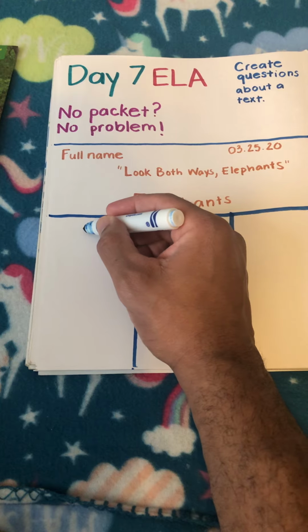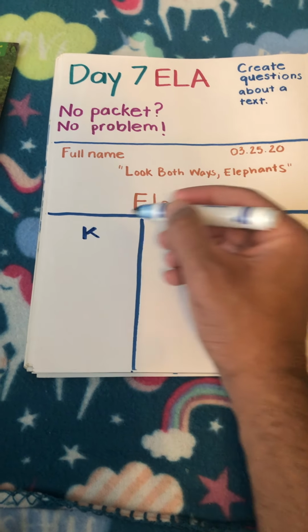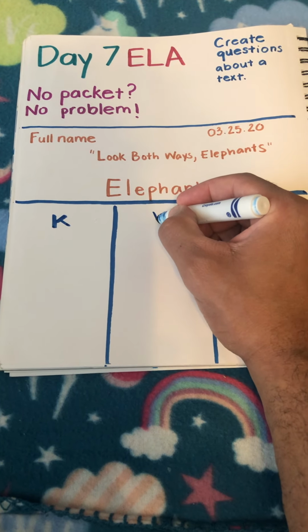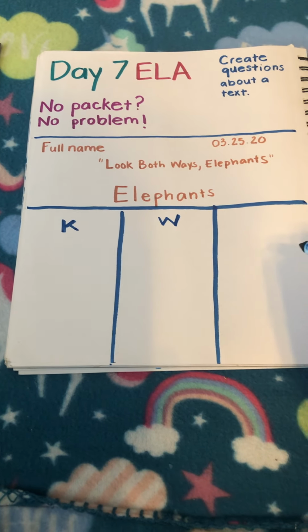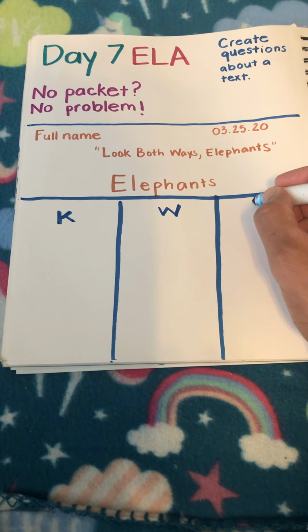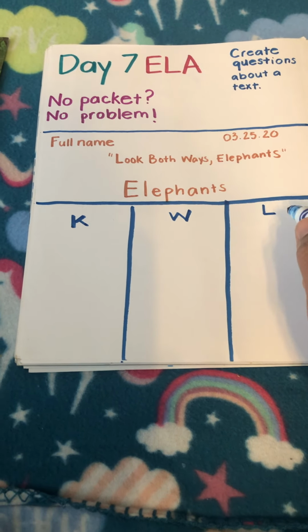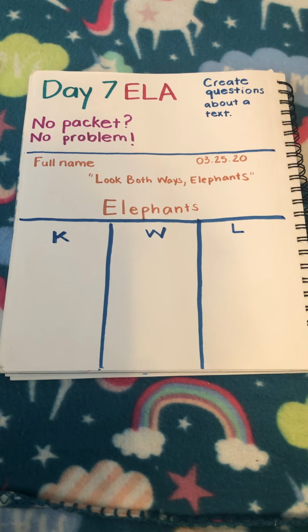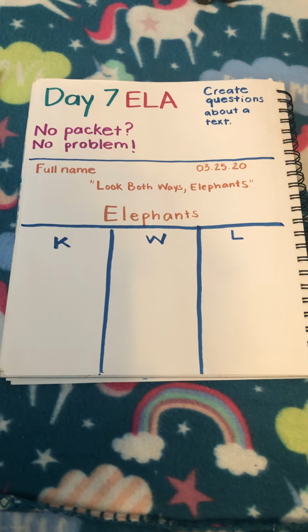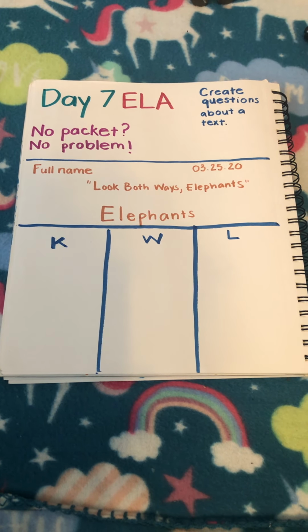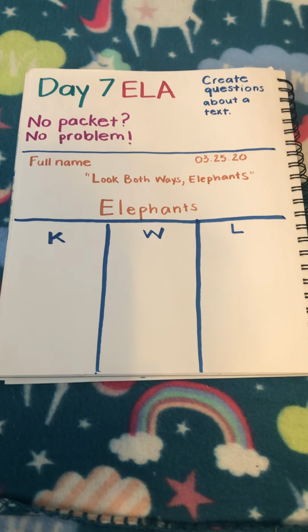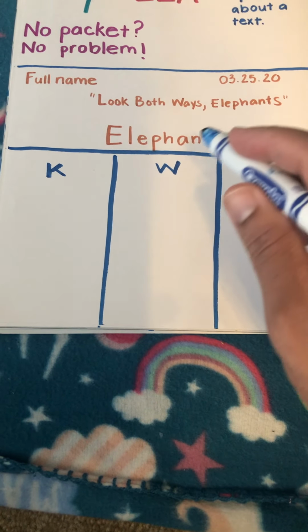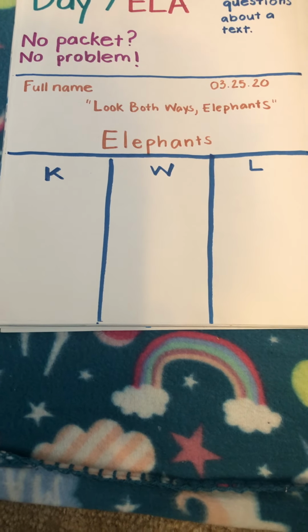Now one section I'm going to label with the letter K. That's going to be where I talk about things that I know about elephants. Here I'm going to have a W for things that I want to know. And here I'm going to have an L, that's going to be my space where I jot down things that I learn at the end. Go ahead and pause the video if you'd like, so that you can look at this screen and set your response page up just like mine. So again, you want to get your full name, date, title, and then go ahead and set your chart up.